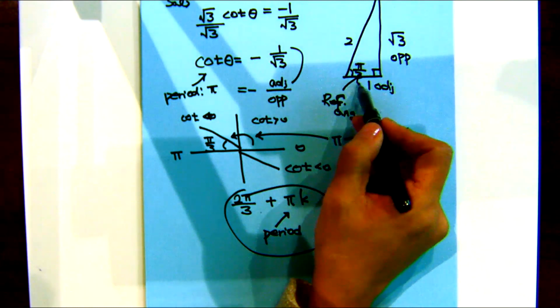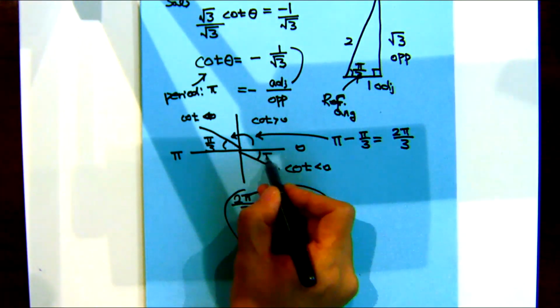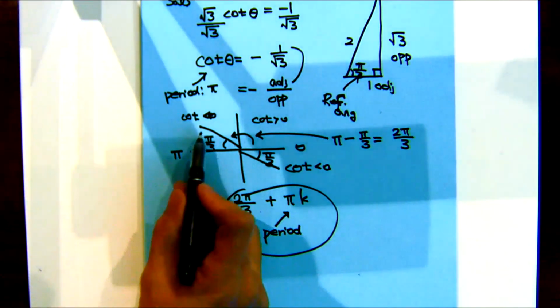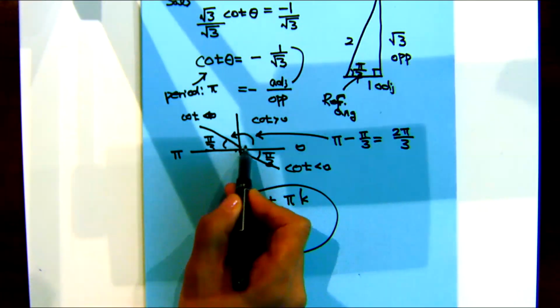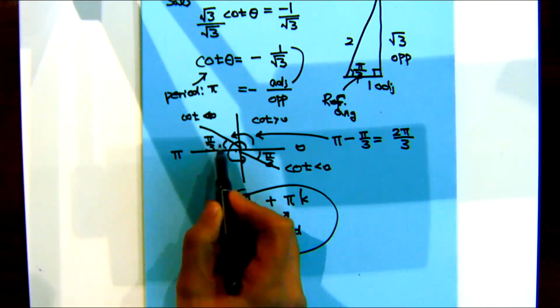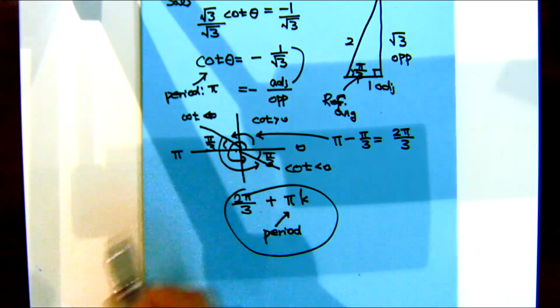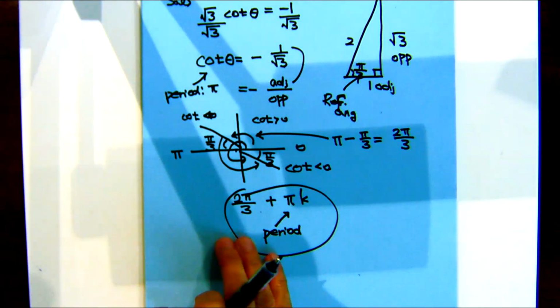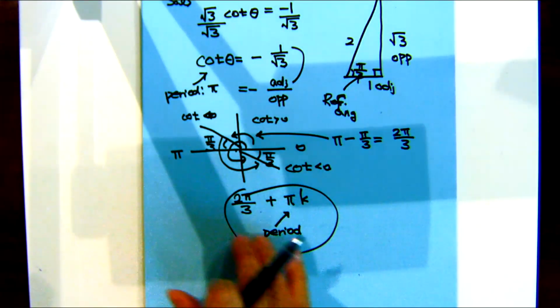And because of the same reasoning, pi over 3 is the reference angle, right? And when we compare this angle and this angle, the difference is pi amount. That's because cotangent is a periodic function. So we realize that this equation covers all the solutions.